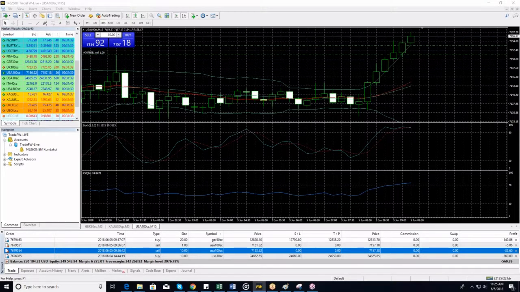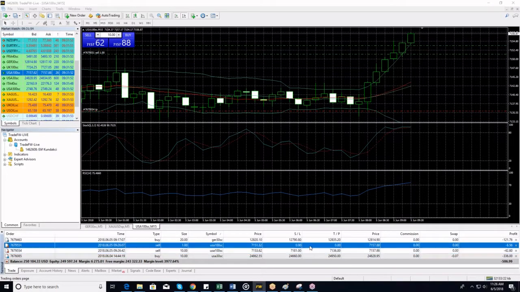It's quite tight because I'm not 100% convinced about this trade, but we'll see. So we put the same stop loss and take profit prices over here for the first thing. So there we go. Very nice.